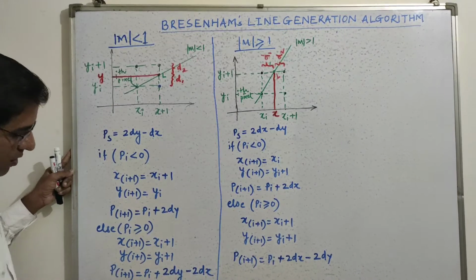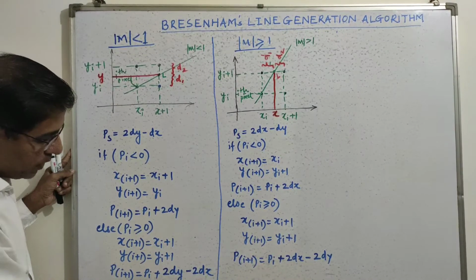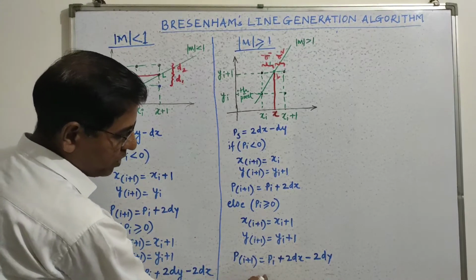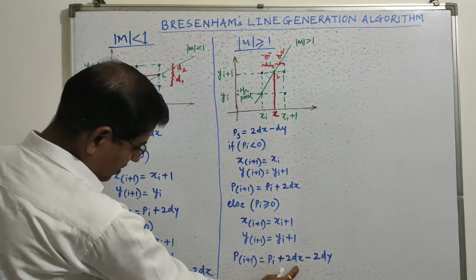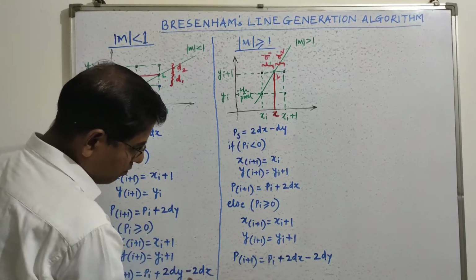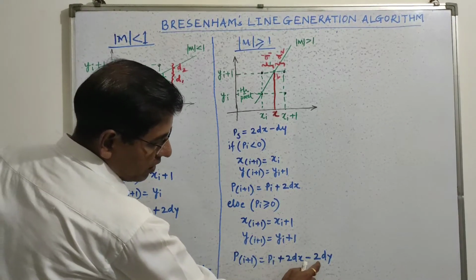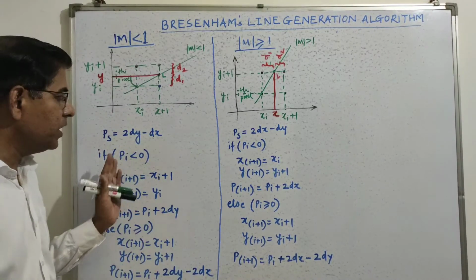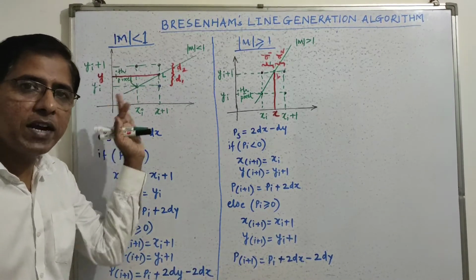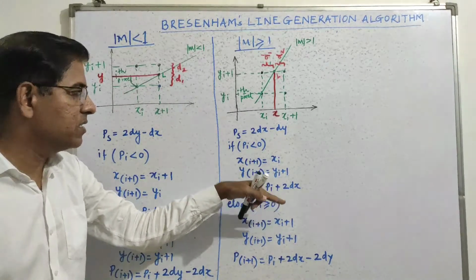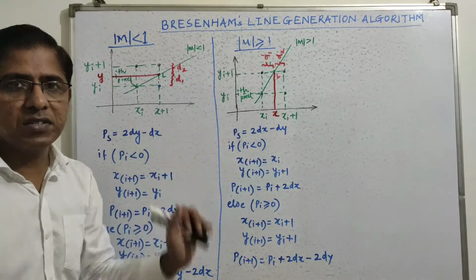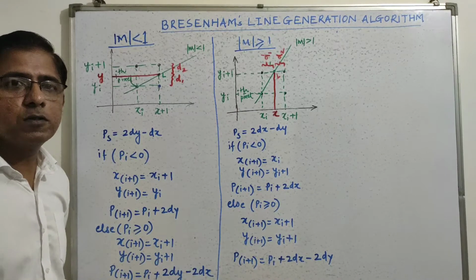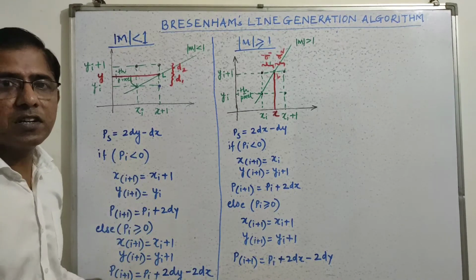Similarly, pi plus 1 equals pi plus 2 dy minus 2 dx becomes pi plus 2 dx minus 2 dy. So simply replace dy by dx in this case and dx by dy in this case. Okay, so this is the logic of Bresenham's line generation algorithm.